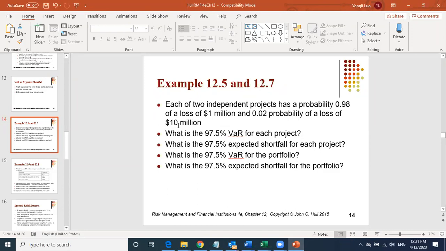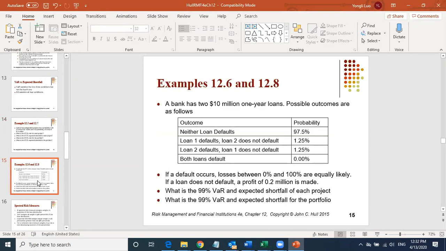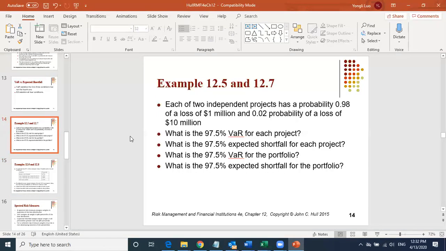What is the 97.5% VaR for each project? And what is the 97.5% expected shortfall for each project? What is the 97.5% VaR for the portfolio? And what is the 97.5% expected shortfall for the portfolio? So you can practice that question.